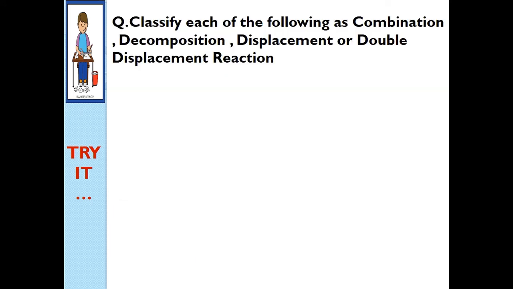Next question. Classify each of the following as combination, decomposition, displacement or double displacement reaction. Now you are having idea of all these type of chemical reactions. First case, try to identify.